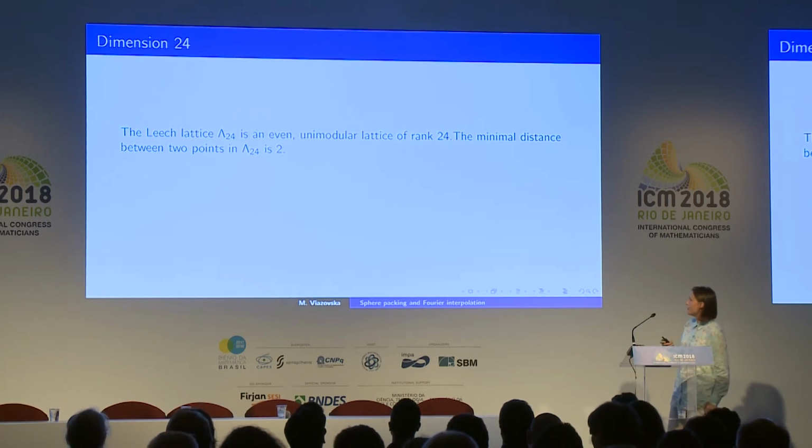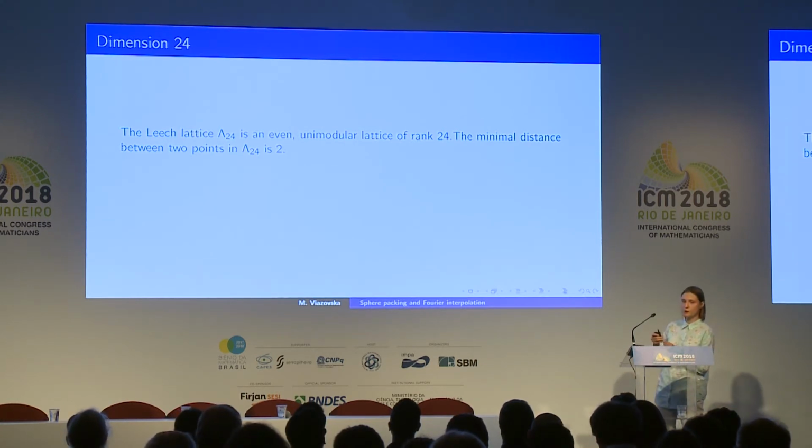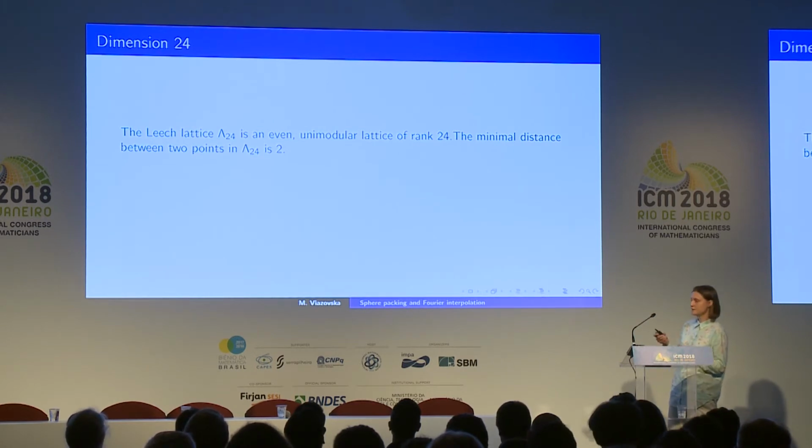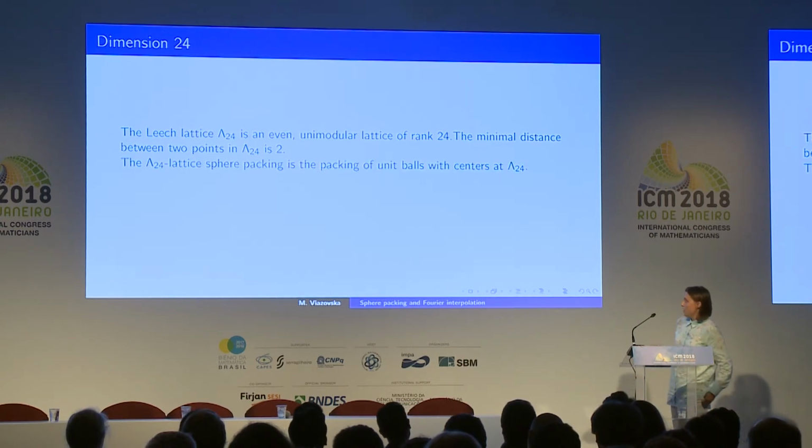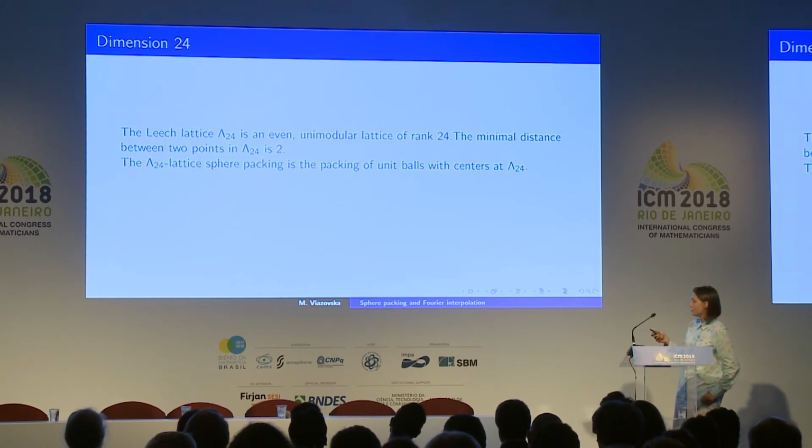However, only one of them has minimal distance between 2 points equal to 2, because in all other cases it's square root of 2. This already gives us a hint that this lattice is a good candidate for a sphere packing. This time we don't have to rescale anything, because the distance is already 2.